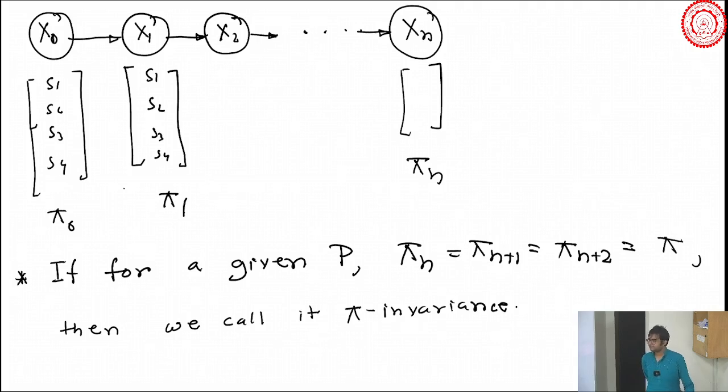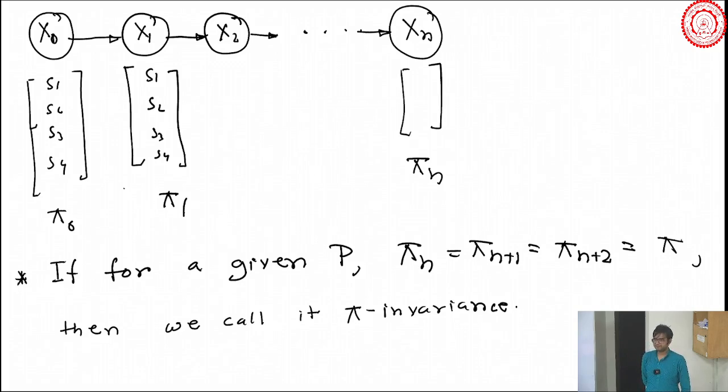Clear? And the idea is that if we can design a p that is pi invariant, we can sample from this chain that you see at the top, and that will give samples from the same pi, which is my target distribution. That is the idea of Markov chain Monte Carlo.